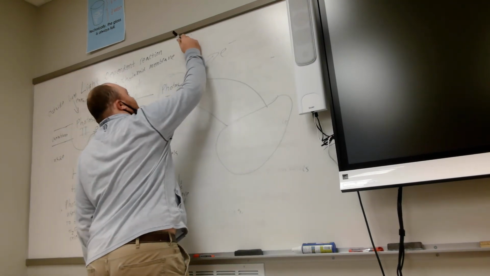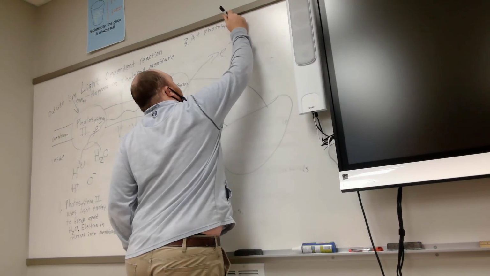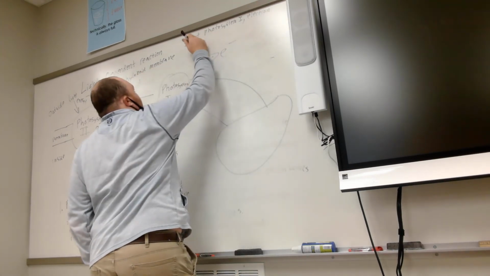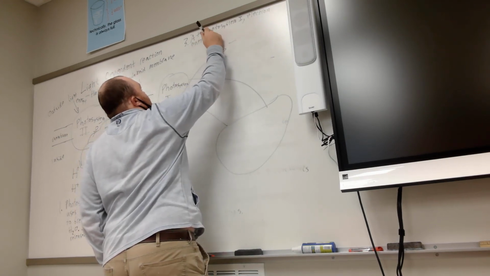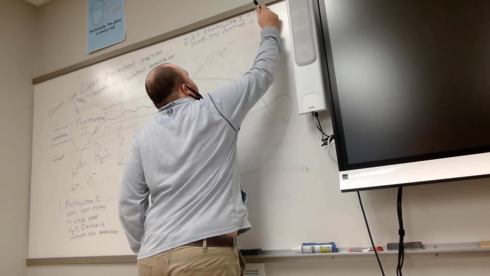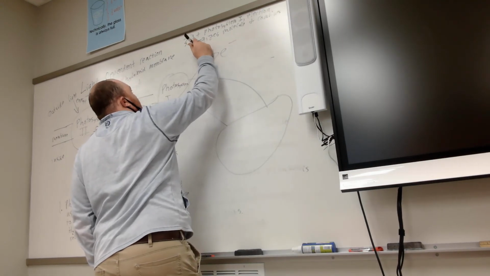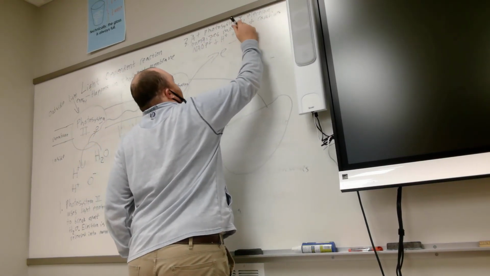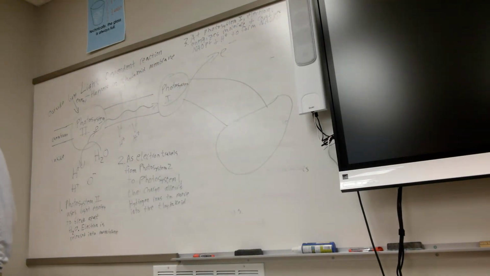But so, step 3, at photosystem 1, the electron energizes a molecule and combines NADP plus and hydrogen to form NADPH, which will be useful in the Calvin cycle.